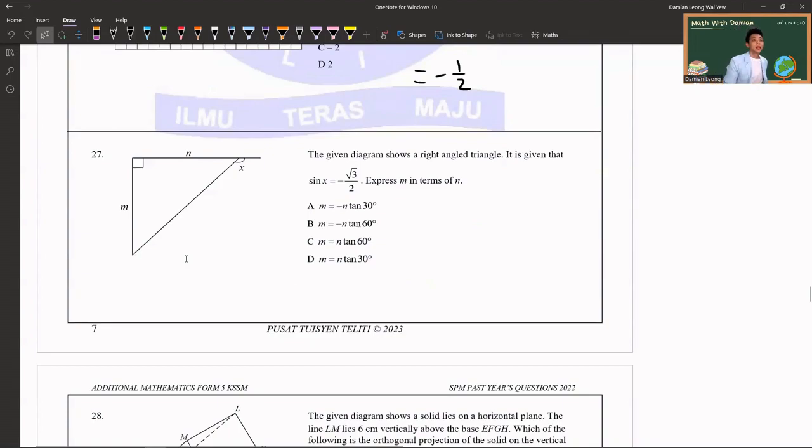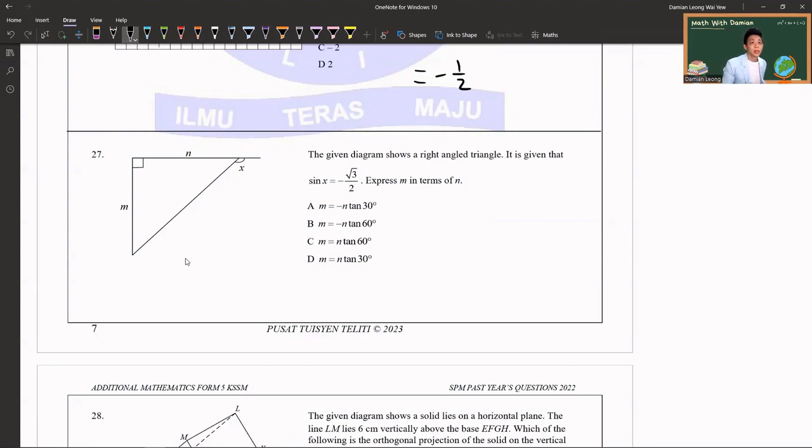Question 27. We have the given diagram showing a right angled triangle. It's given that sine x is square root of 3 over 2. Express m in terms of n. So sine x.